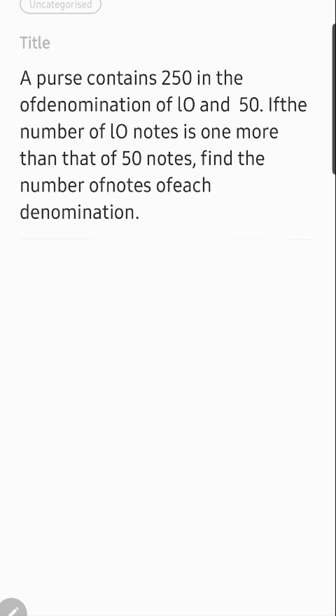But the total amount, we know, is 250 rupees in that purse. And the second thing is that the unknown quantities are how many 10 rupees notes and how many 50 rupees notes there are; we don't know both.